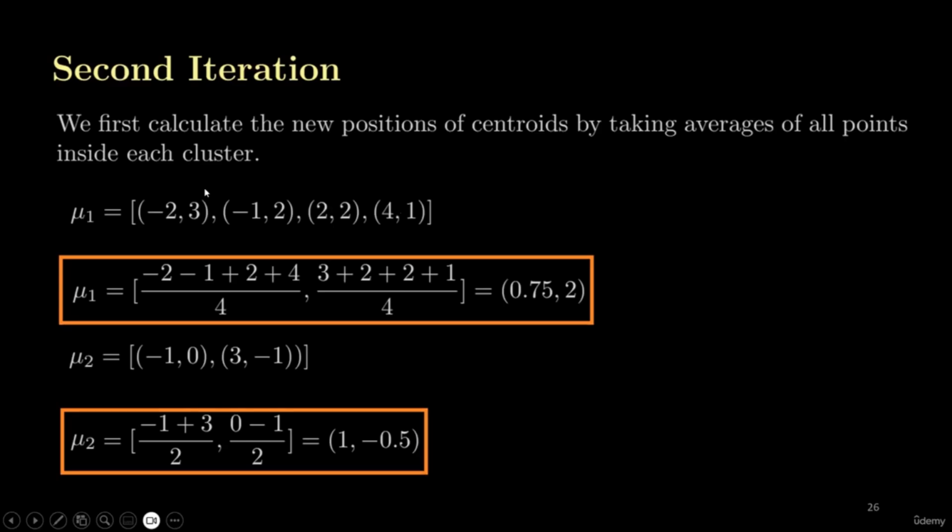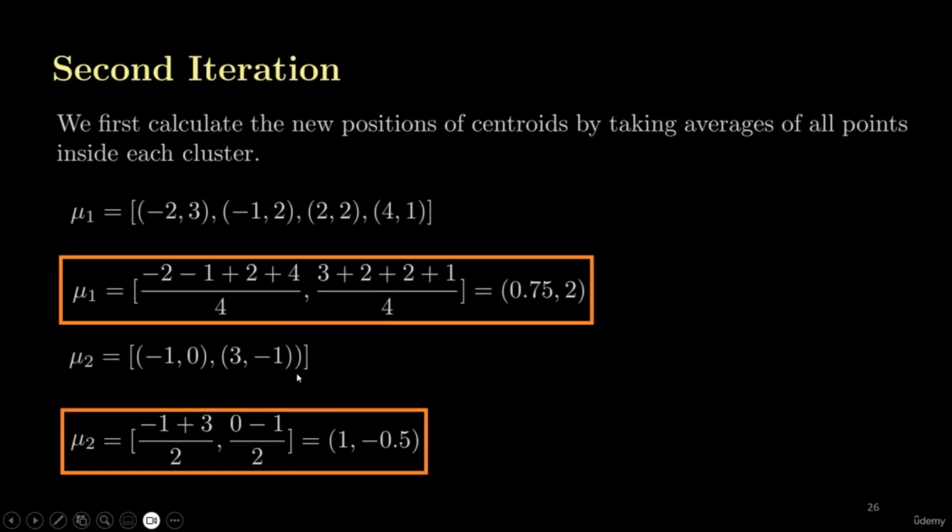Since they are 4 points, you divide it by 4. Then you separate it with a comma. Then you add 3 + 2 + 2 + 1, and again divide by 4. In this way, you calculate the average position of the first centroid, which is 0.75, 2. Now the average of these 2 points, x2 and x6, is 1, -0.5.